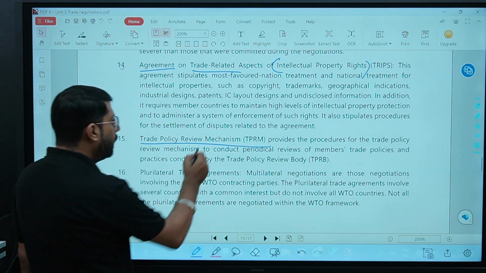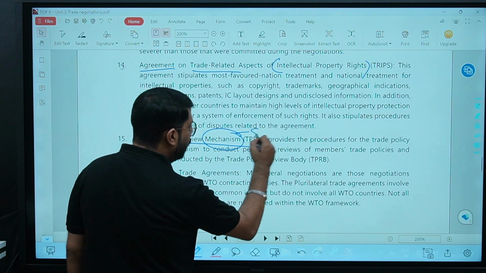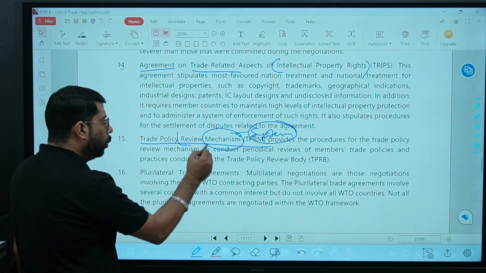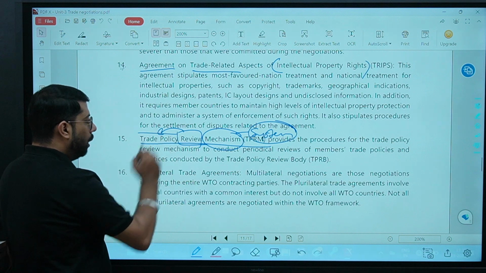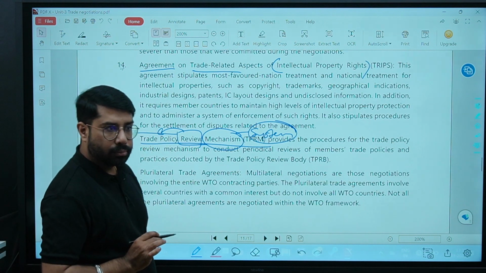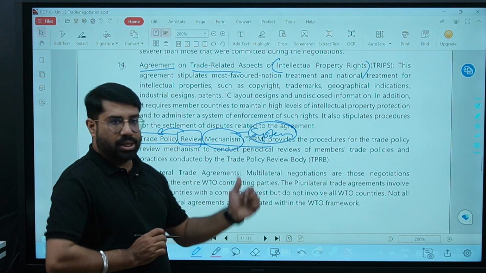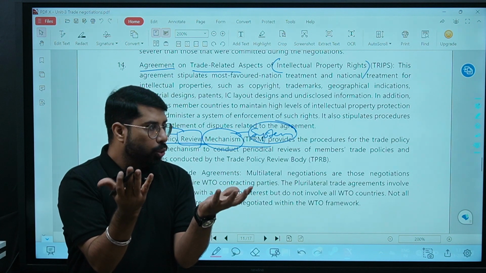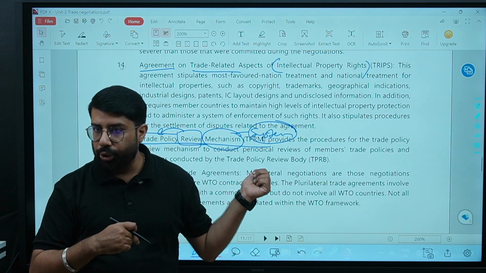It means they have formed a system in which they review trade policies from time to time. In this system, they have formed a board, a group of people, who will do all these things for WTO.